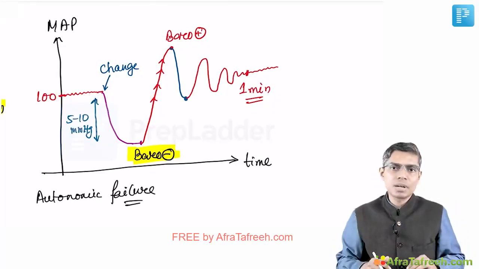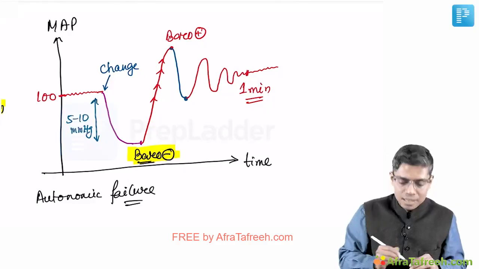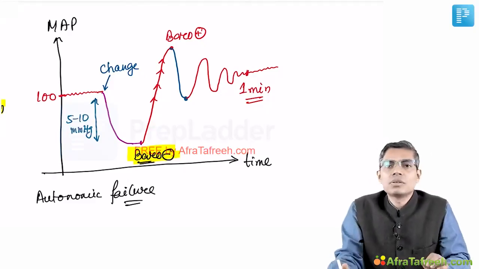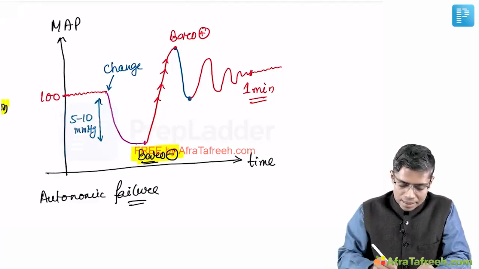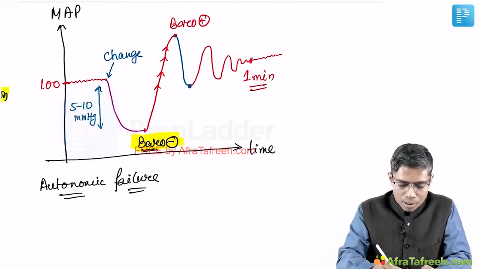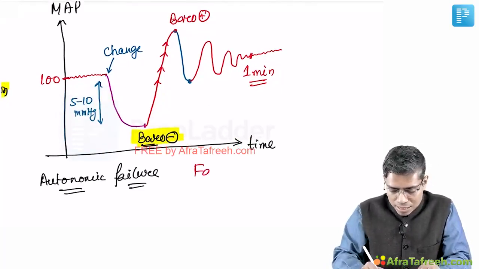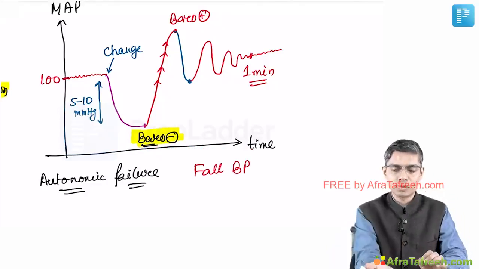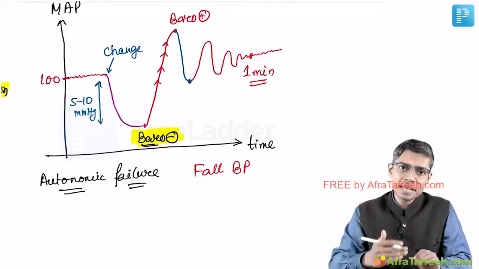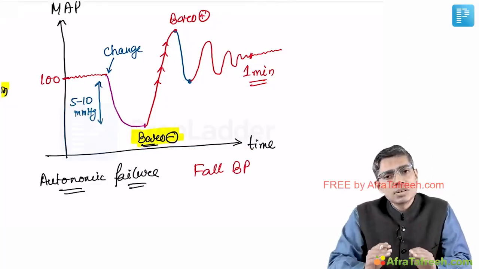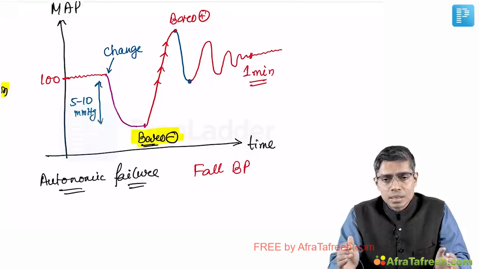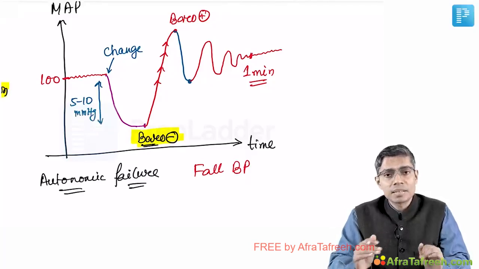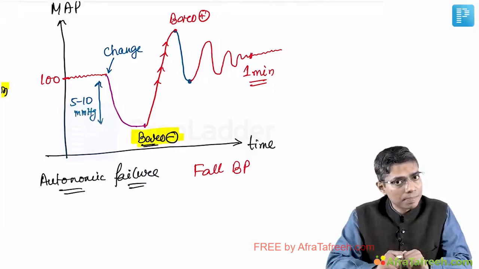This correction of blood pressure after baroreceptor inhibition is not going to happen. And in those cases, this fall of blood pressure during this change of posture from supine to standing will be much higher than normal, and that will persist for a long duration because the sympathetic limb and the parasympathetic limb are not working properly.